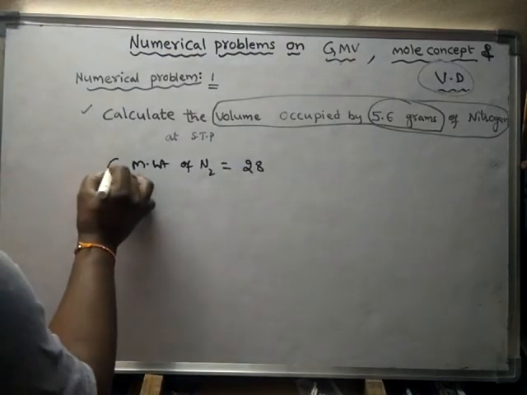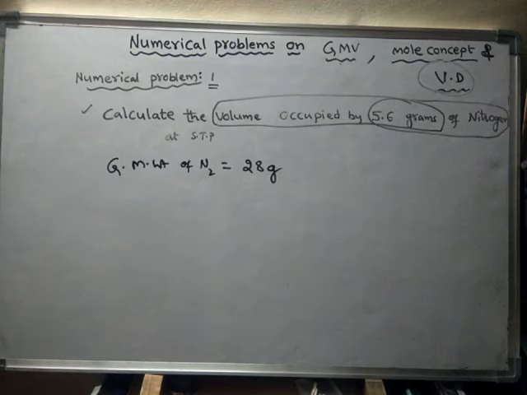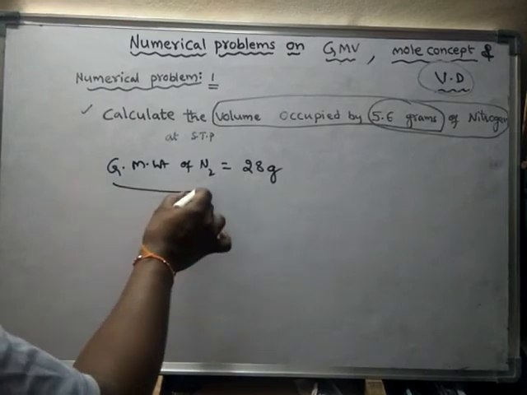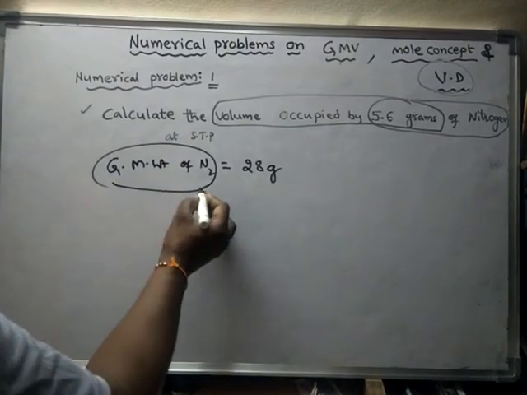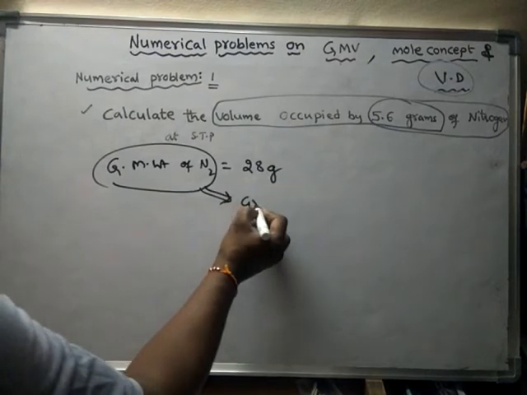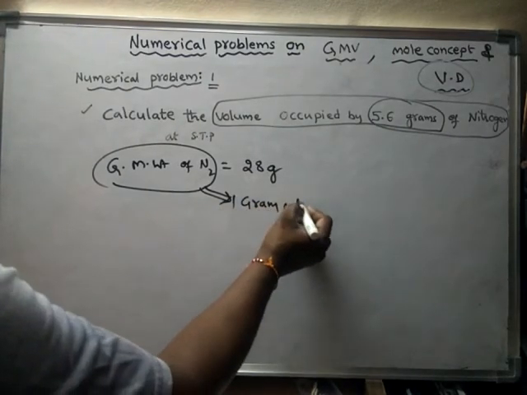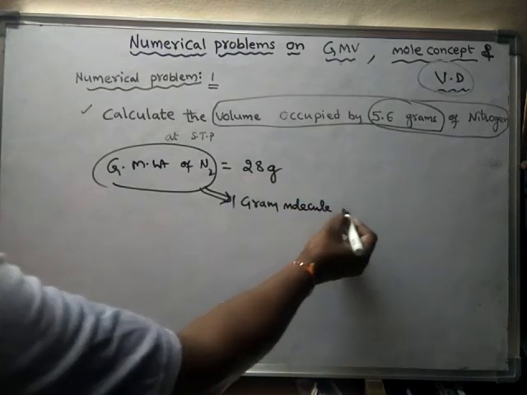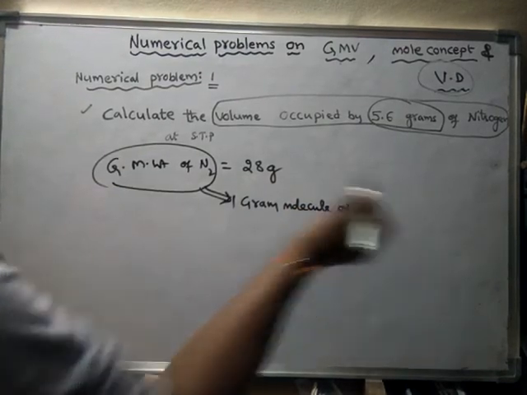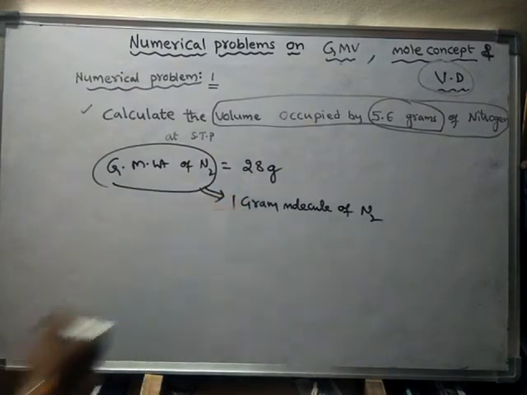So gram molecular weight of nitrogen will be equal to 28 grams, which is also equal to 1 gram molecule of nitrogen.